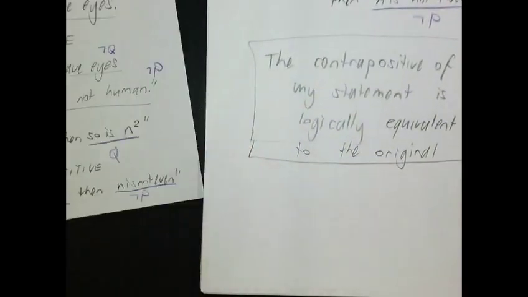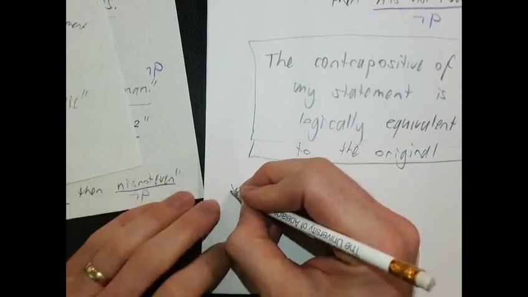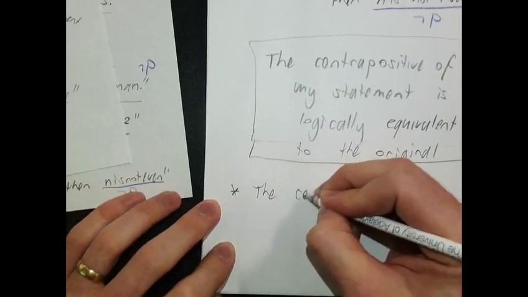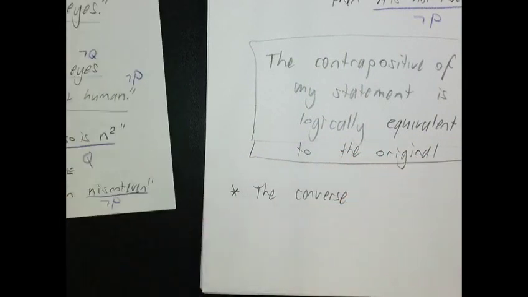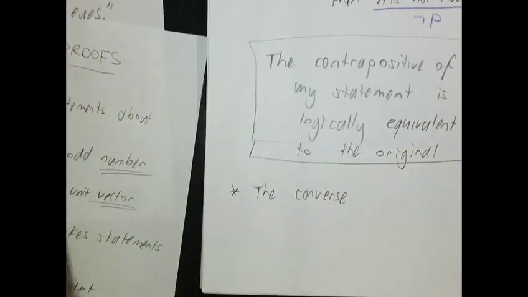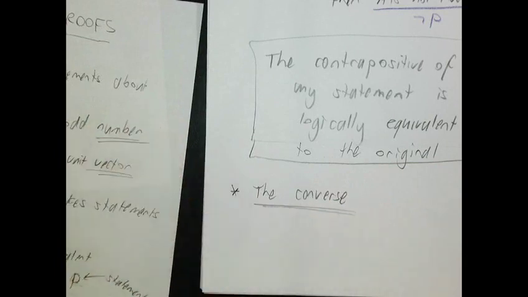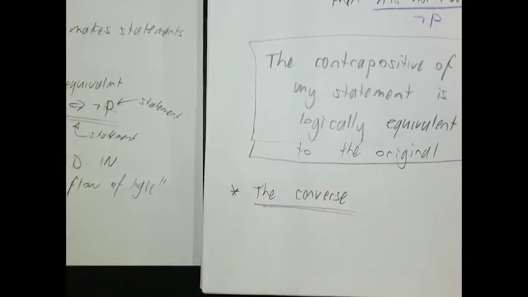The next thing that one could do to a statement is the converse. So with the converse, it's something that we can do about a sentence, and it's always a similar sentence to what you have for the contrapositive.